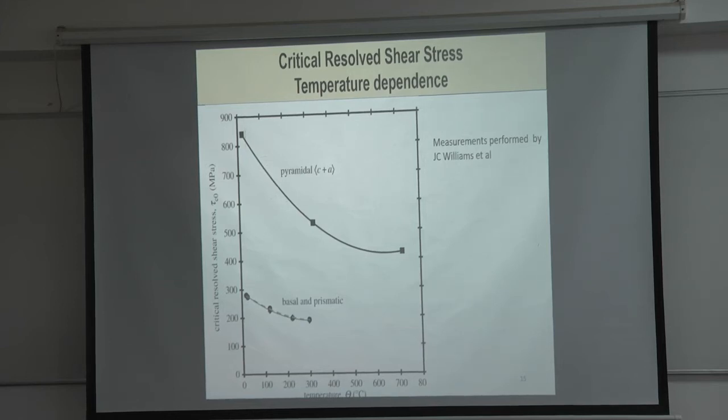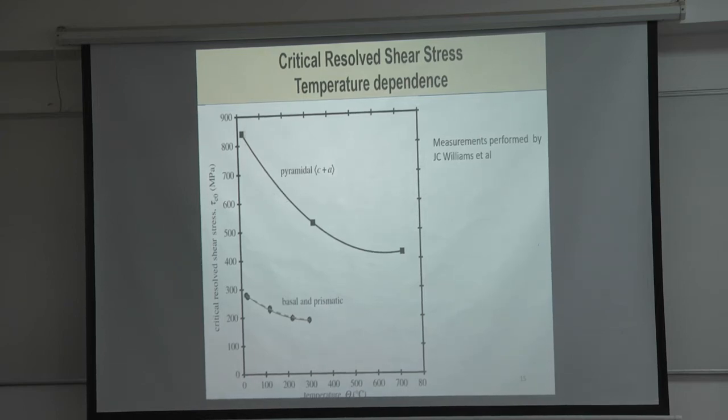So essentially at room temperature, 23 degrees C, you can see that for basal and prismatic slip to take place, it only requires about that much stress. But when you go up here, pyramidal slip, look at how much stress you need to activate that slip, much, much higher. That's why this is the hard orientation.